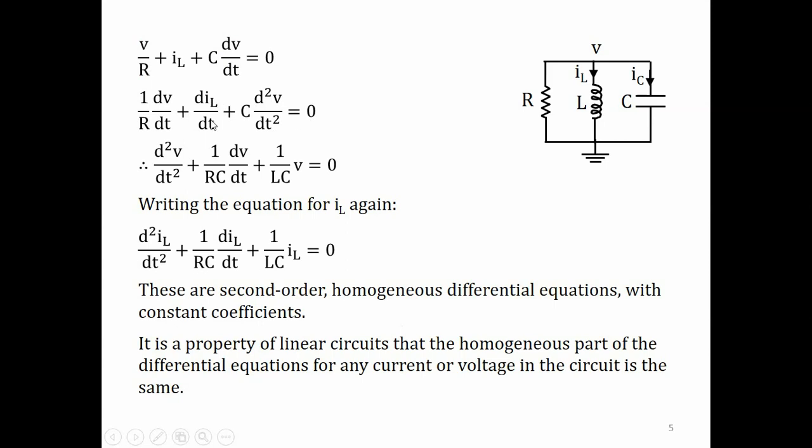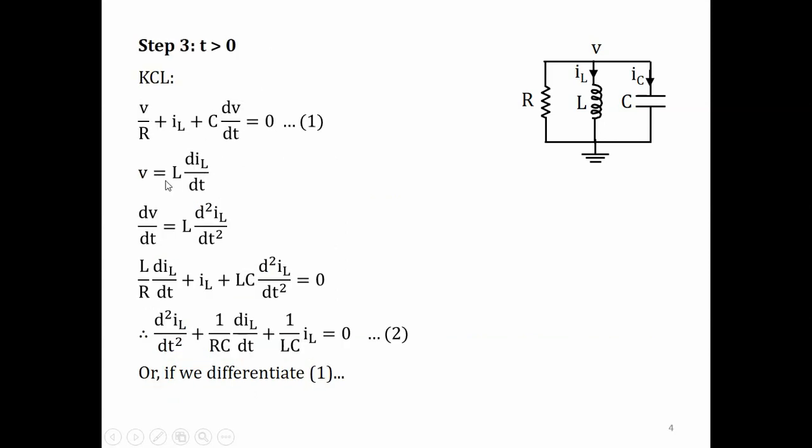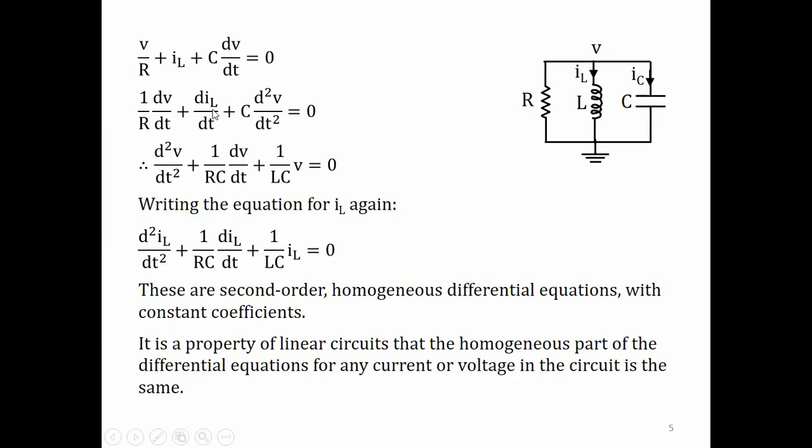And then for dIL dt we substitute V by L. Then you rearrange and divide by C and all that. So we get this equation. This is the equation for V.